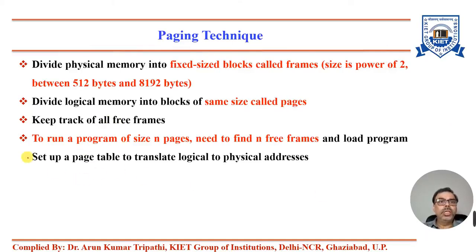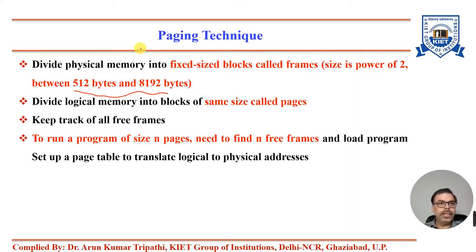Dividing the physical memory into fixed size blocks is known as frames, as we have discussed. The size is between 512 bytes to 8192 bytes. Since the memory location is represented in binary, it is always a power of 2.